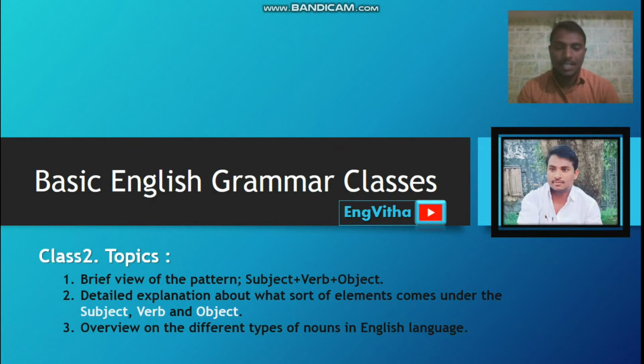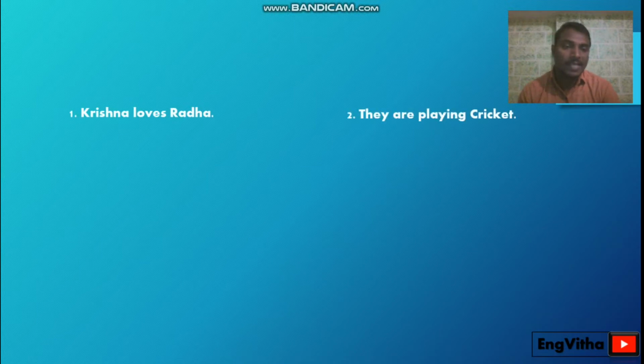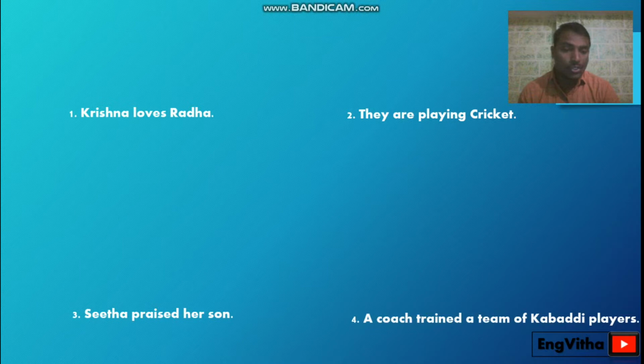Before getting to these three topics, we would like to analyze a few sentences. The first one, Krishna loves Radha. They are playing cricket. Sita praised her son. And the last, a coach trained a team of kabaddi players.